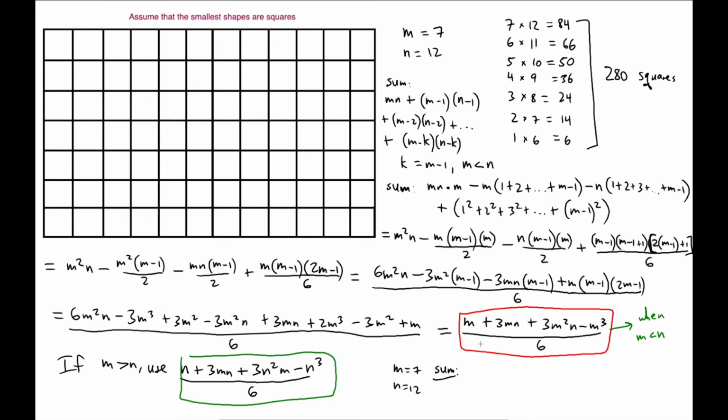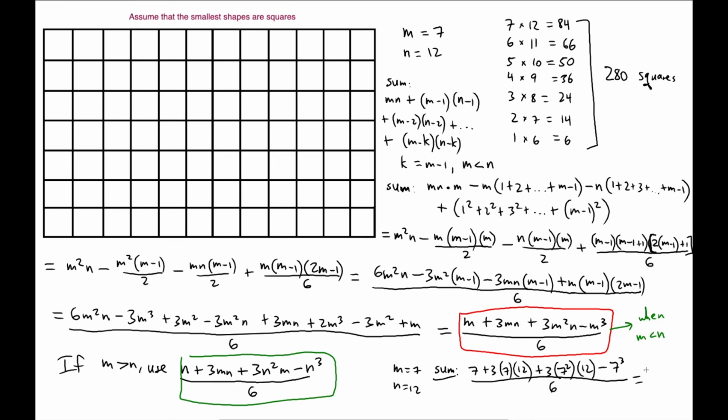So that will be what? 7. Now be careful, we're plugging into this formula, not that one, because we're talking about when the number of rows is smaller than the number of columns. So 7 plus 3 times 7 times 12 plus 3 times 7 squared, and this is 12, minus, be sure that you cube this, and then divide it by 6.